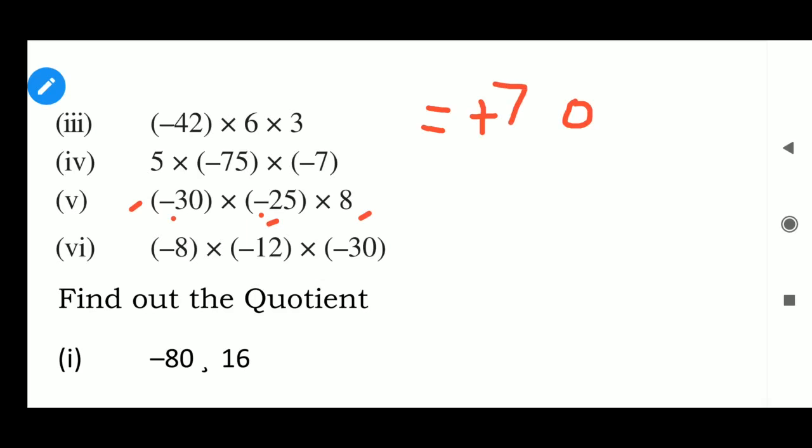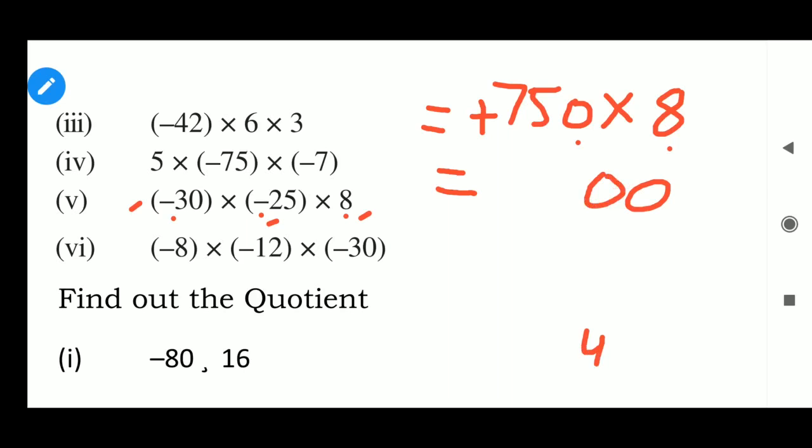So you can write 750 into 8. So you can write 8 here. What happens in this? 8 multiplied by 750. This 8 zeros are 0, and 8 fives are 40, that is 0, carry is 4, and 8 sevens are 56, and 4 is 60. So your answer is 6000. That is your answer.